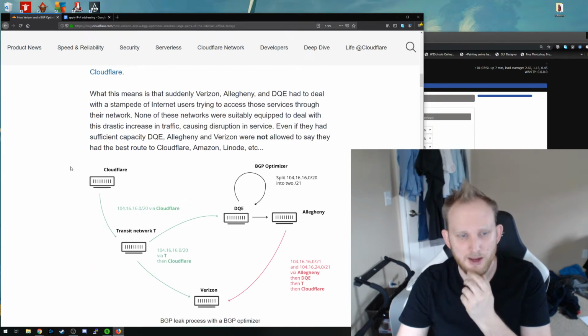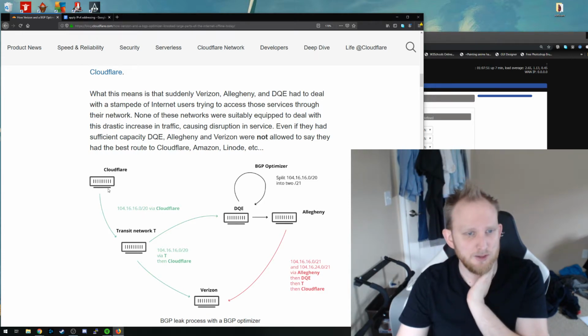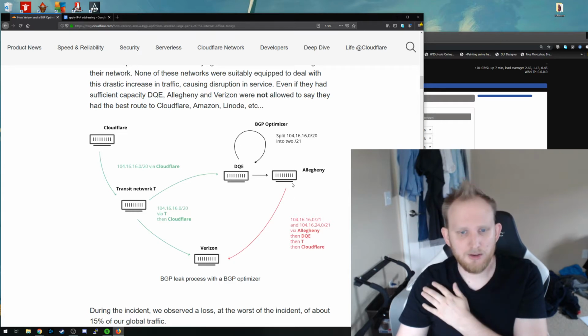Cloudflare is a massive company, and a lot of people host their websites through them. So with Cloudflare, they went through this transient network and then got routed through these guys.